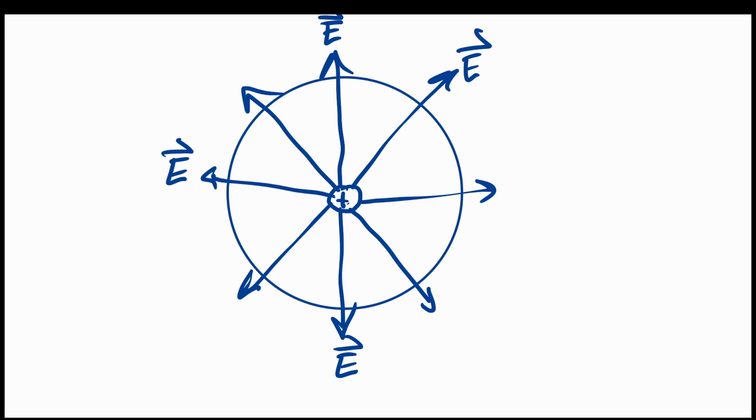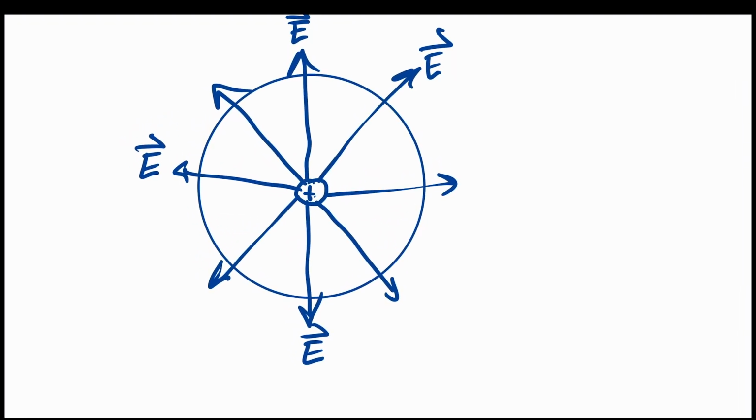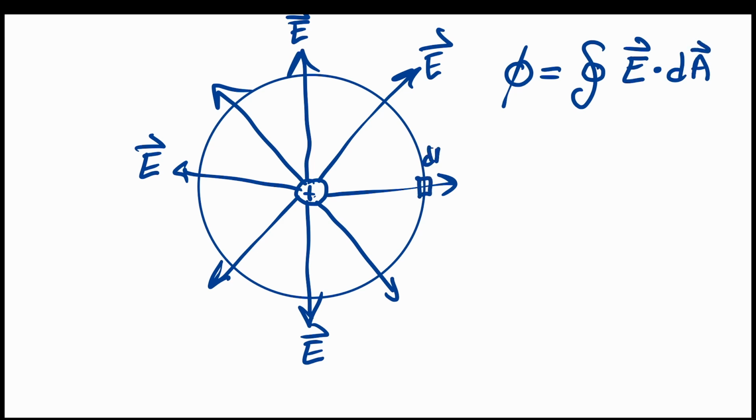Well, it's actually a little bit more complicated than our last case, because we have to generalize the concept of flux to an integral. So the flux is in this case equal to the integral of the electric field times, at each point on the surface, an element of surface dA.